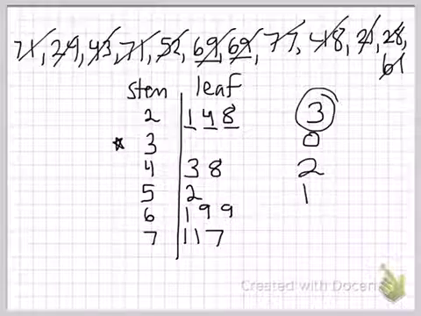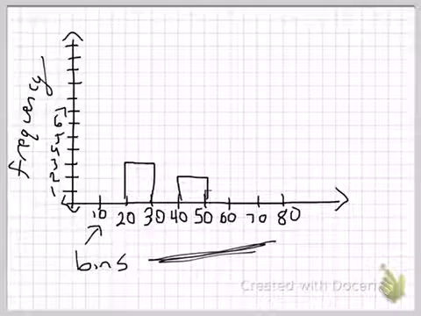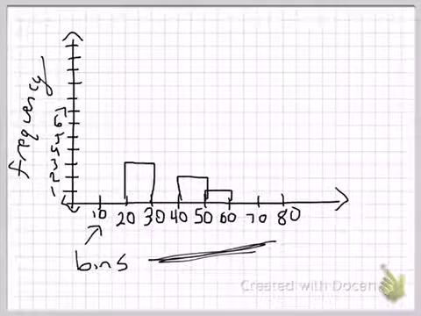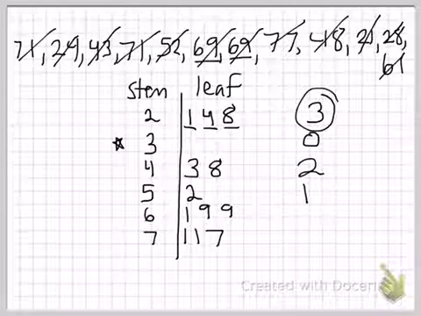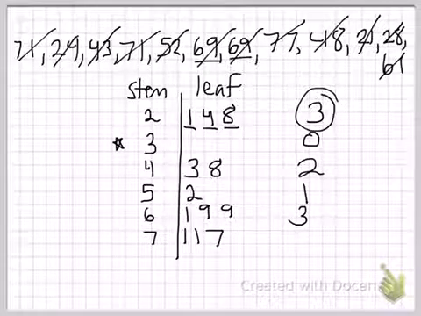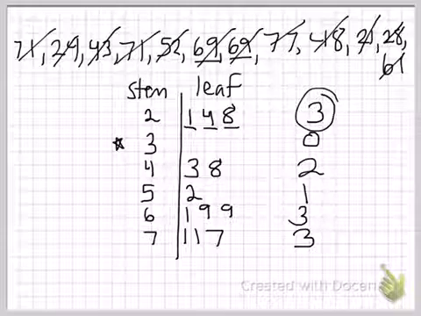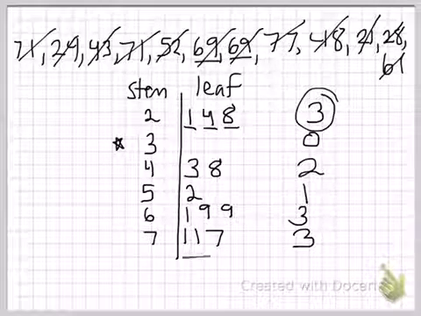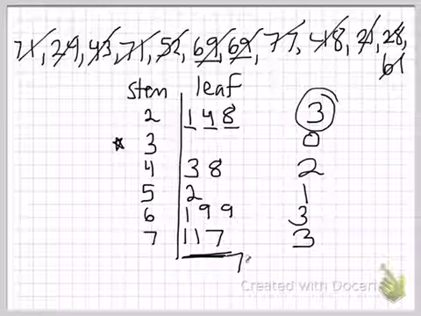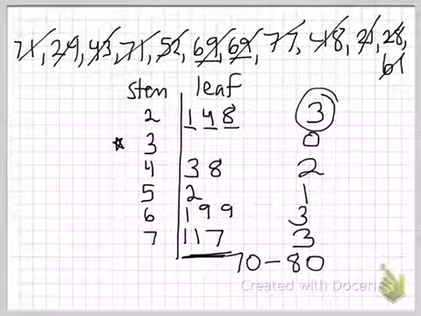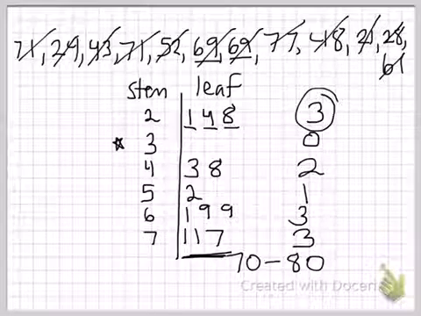50 to 60, there's 1 number. So we're going to have a frequency of 1. 60 to 70, there's 3, and I'll do 2 and 1. 70 to 80 is also 3. So this is really important that it falls between 70 and 80 and not in the 60 range.